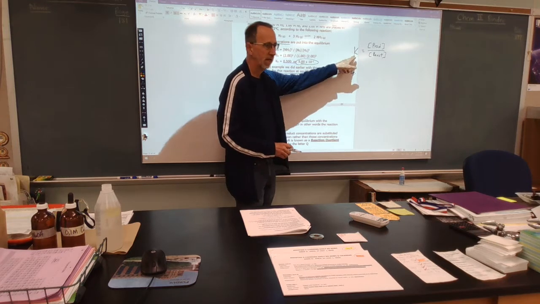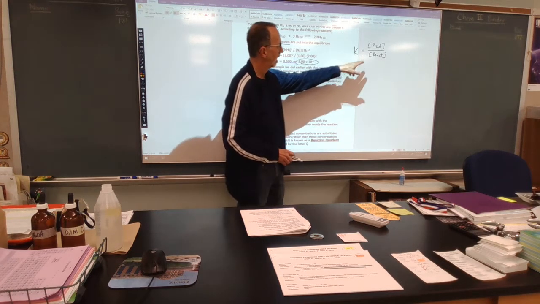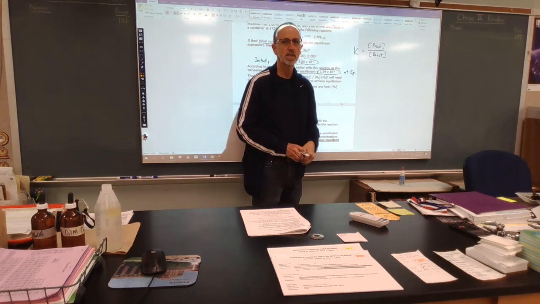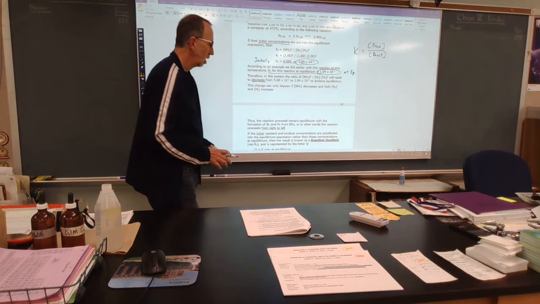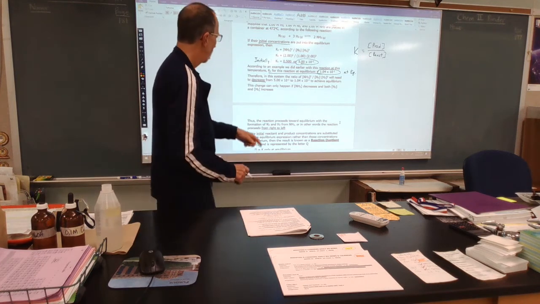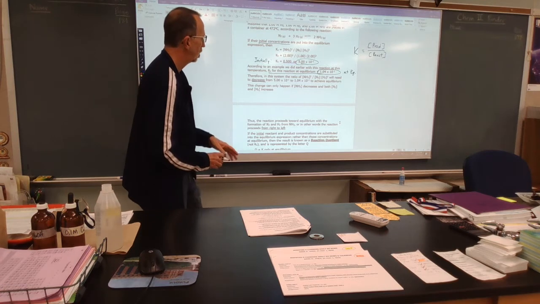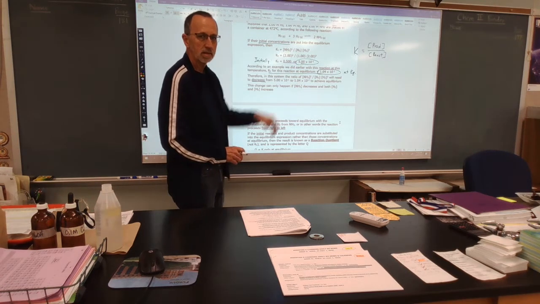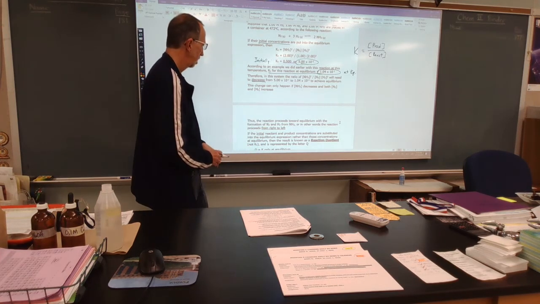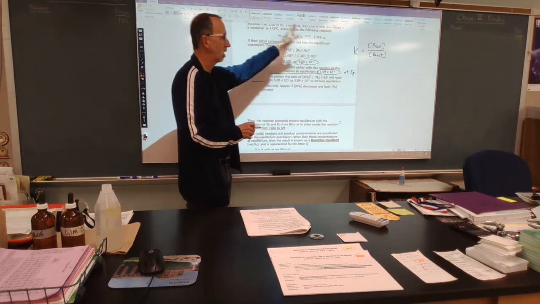For this number to get smaller, this number has to be larger, and this number has to be smaller. All right. Thus, the reaction proceeds towards equilibrium with the formation of nitrogen and hydrogen, and thus reactants. And the reaction is proceeding right to left.